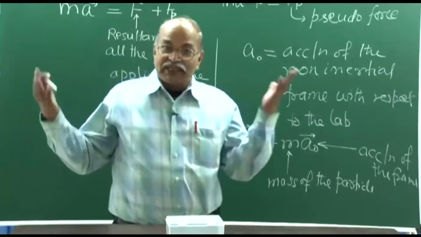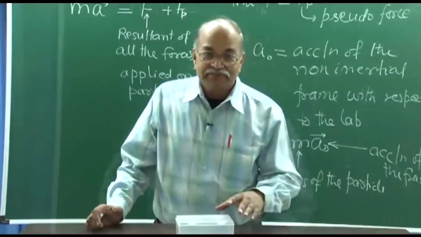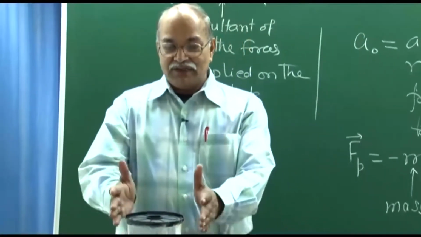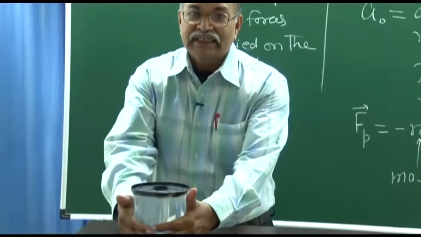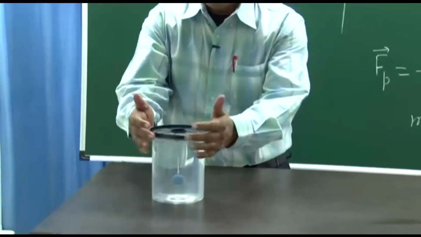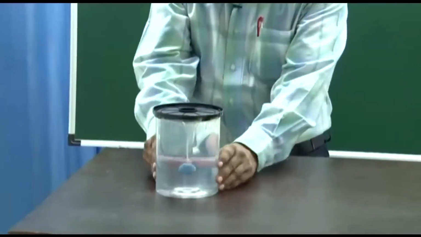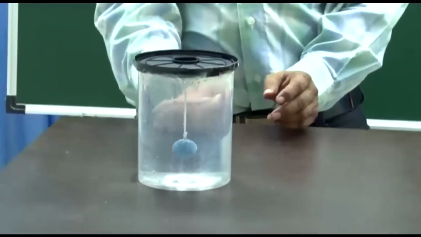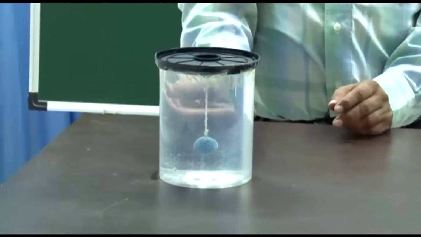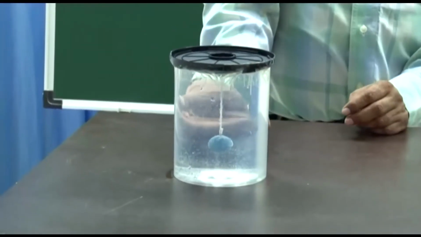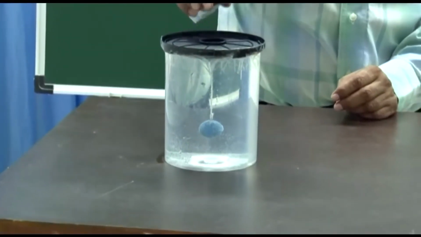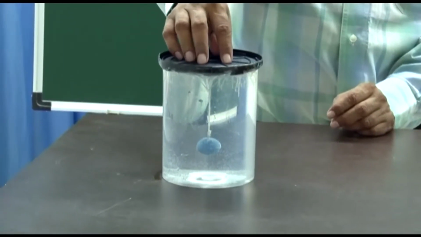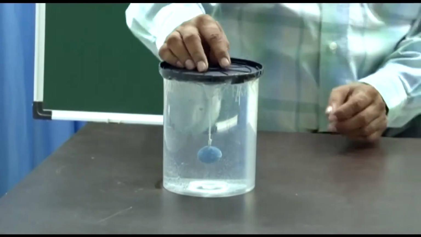We will do some more experiments to see this effect. It is the same idea. Here you have water in this vessel, and in the water we have put a ball which is heavier than water, its density is more, and it is suspended with the help of this thread, one end of the thread is fixed on this lid.